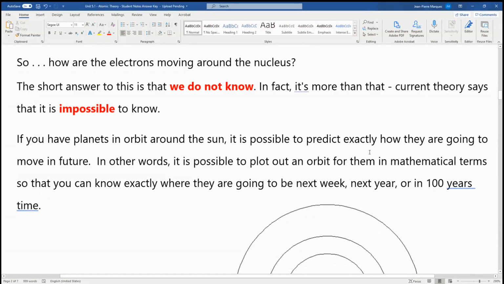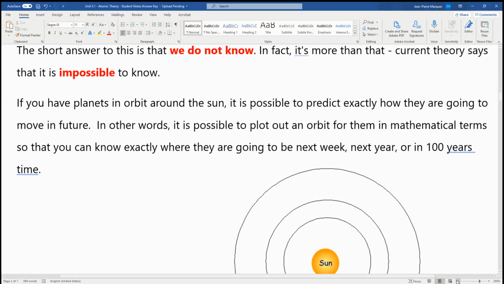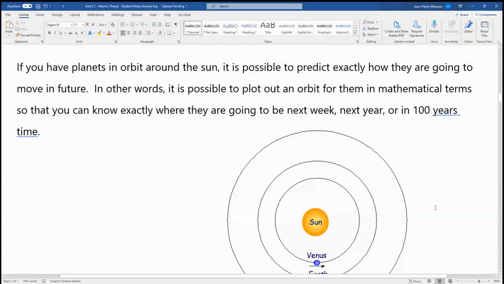Okay, so in grade 10, as mentioned before, we gave you this kind of model of the atom. We said, okay, think of your solar system. The sun is like the nucleus, and the planets are like the electrons orbiting it. The difference is, in the solar system, I can look at a planet, and using math and physics, I can figure out where that planet is going to be 2 years from now, 100 years from now, 10,000 years from now.